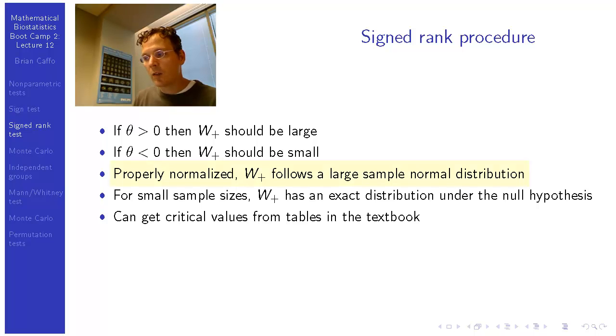And this W plus does follow a normal distribution for large samples. For small sample sizes, we can work with an exact distribution under the null hypothesis, and you can get critical values from a table, but you can get the critical values in R pretty easily.